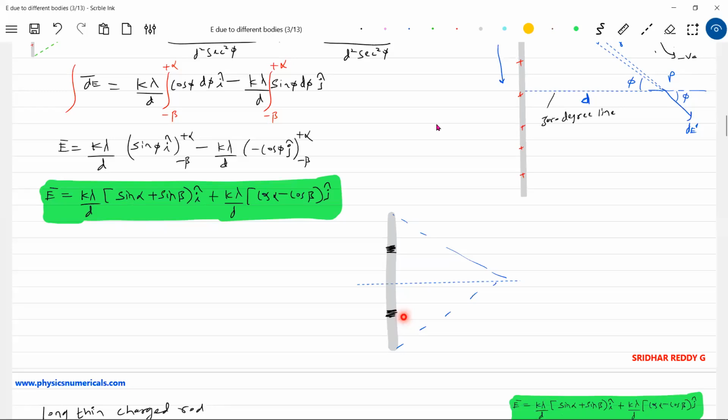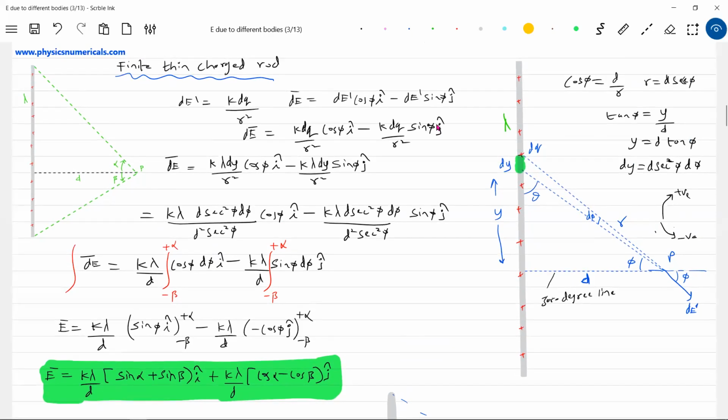Getting the idea? These are some mathematical things you should learn: when to assume one element, when to assume two. About the bisector, the charge is distributed symmetrically, that's why I'll go for two elements. With respect to this other point, the charge is not distributed symmetrically, therefore only one element.